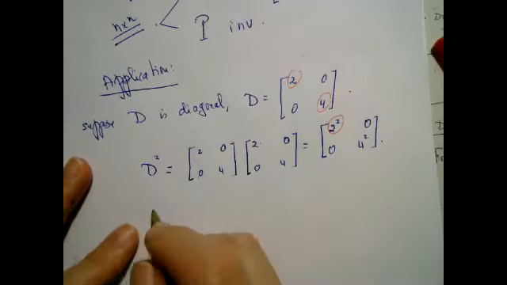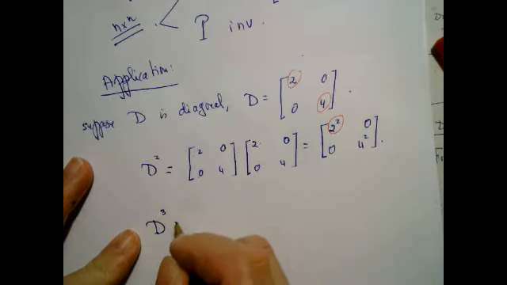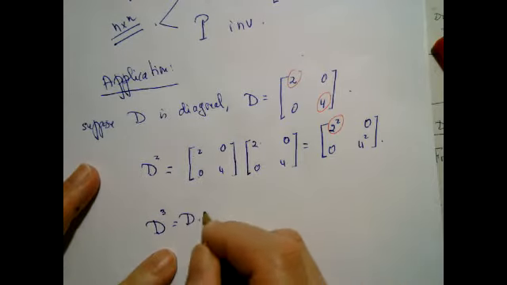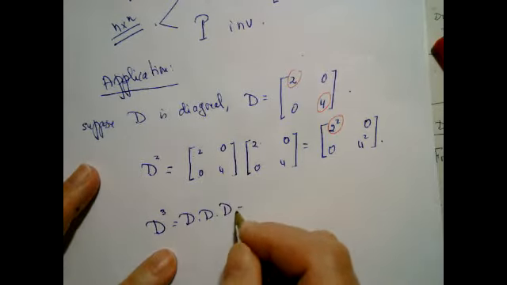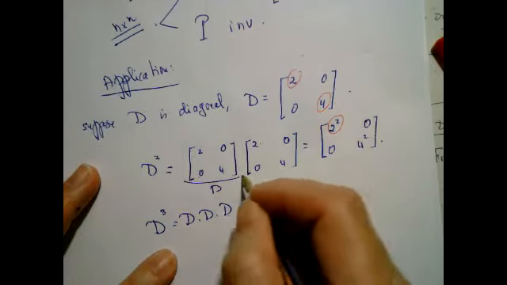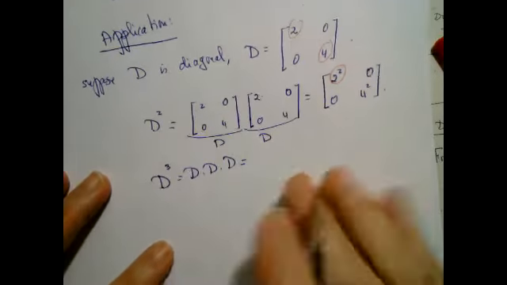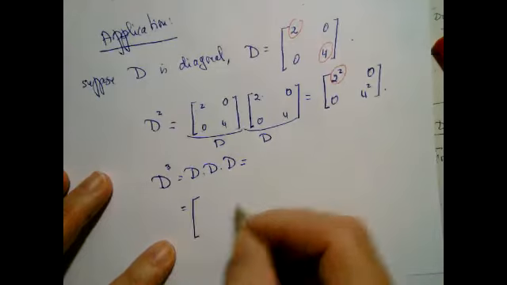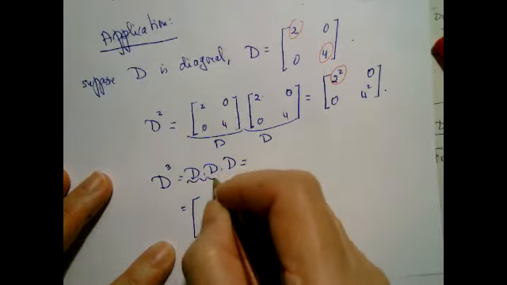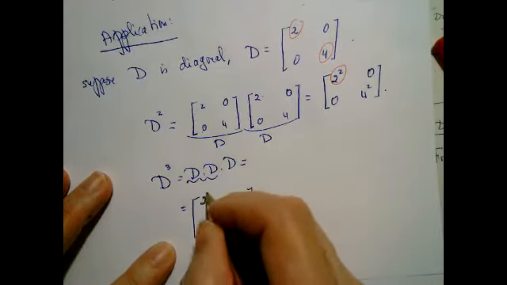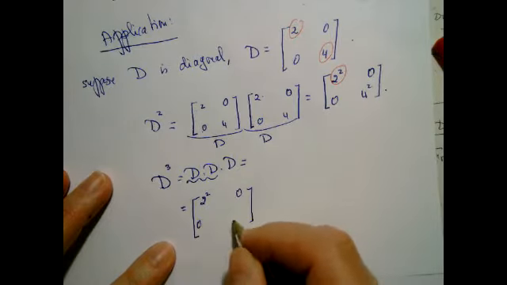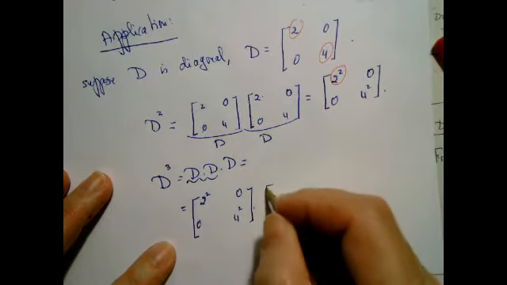Suppose I take D to the power 3. What's D to the power 3? It means D times D times D. Same thing as D squared. Let's see what we get. D times D, I've just evaluated it: 0, 0, 4 squared.